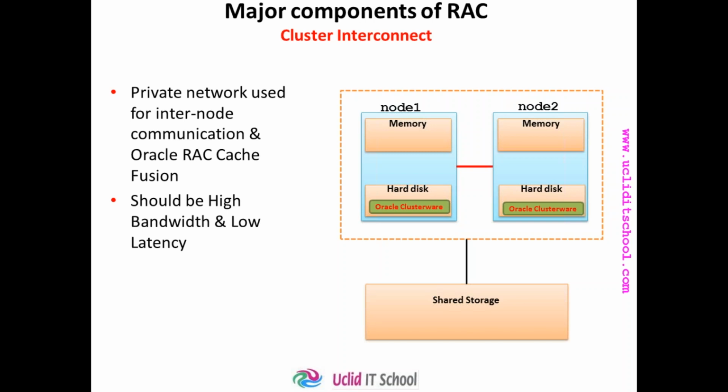So if your private network has low bandwidth and high latency, your RAC system will cause performance bottlenecks. The minimum recommended bandwidth is 1 Gbps. Okay, it should be a minimum of a Gbps network. So the more bandwidth, the better, so that data transfers and communications happen in a quick time.